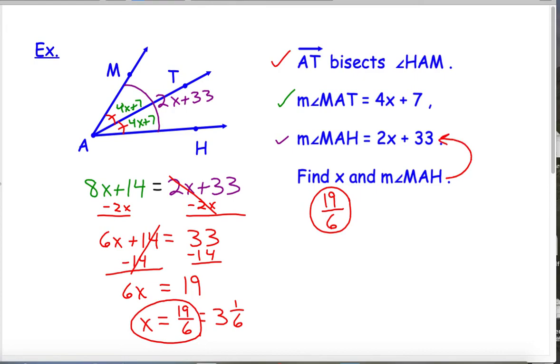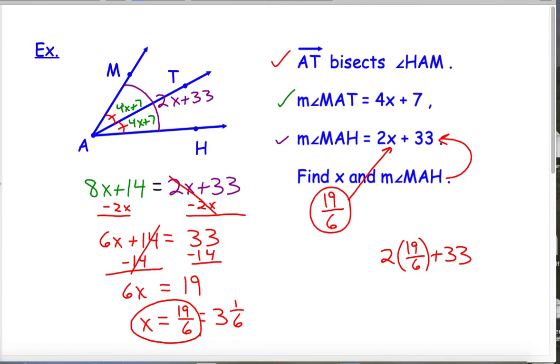Well, that's right there. So now that I know what x equals, I can plug it in right there. So MAH is going to be 2 times x, which is 19 over 6, plus 33. If you need to use a calculator, go ahead and use a calculator here.